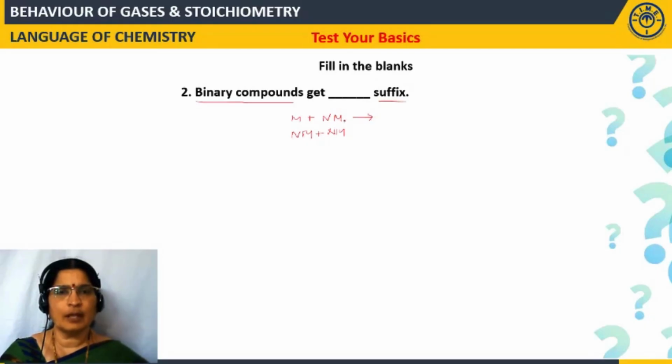For example, if you are taking sodium and chlorine, the compound is named as sodium chloride. So this is getting IDE suffix. If you take the well-known compound CO2, what is the name of this? It is named as carbon dioxide. IDE suffix. Any binary compound gets IDE suffix.